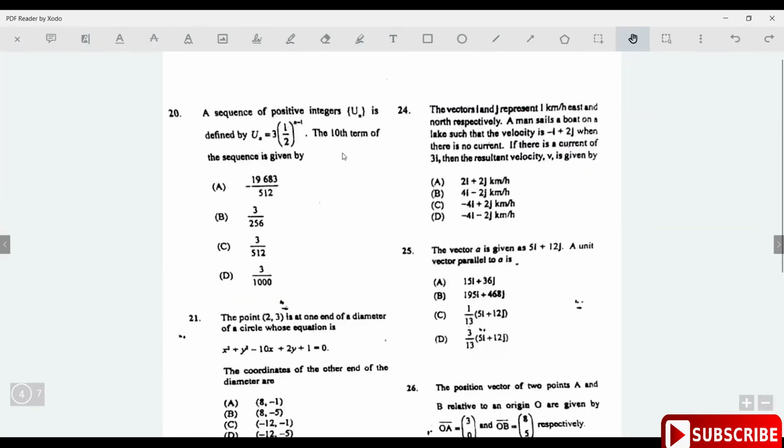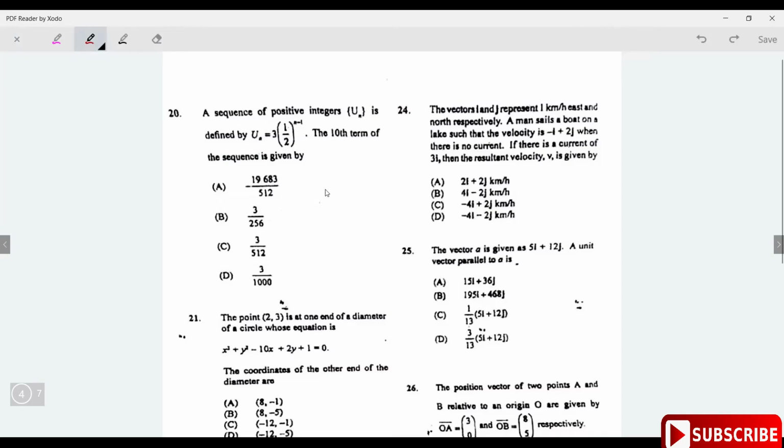All right, question 20. It says a sequence of positive integers un is defined by un is 3 times a half to the n minus 1. The 10th term of the sequence is given by, so the 10th term, meaning you plug in n as 10.